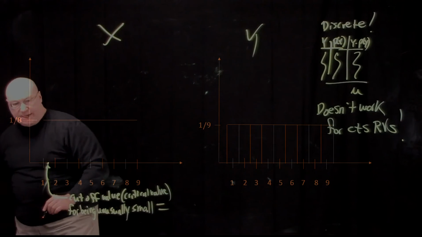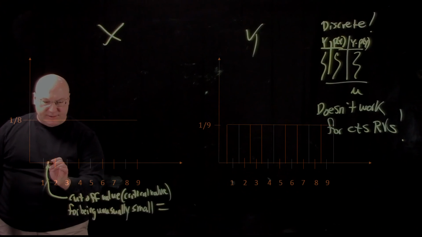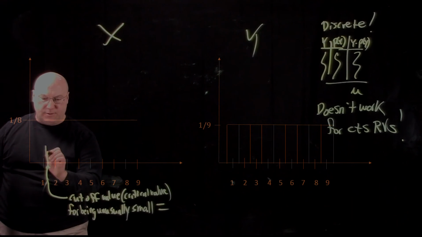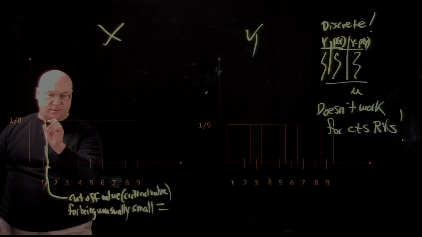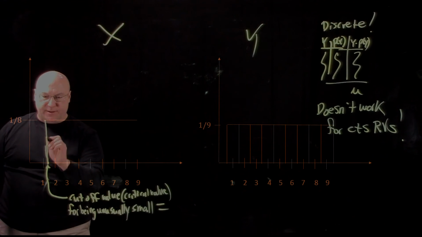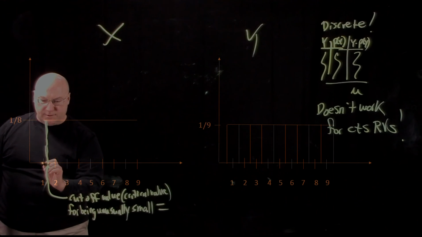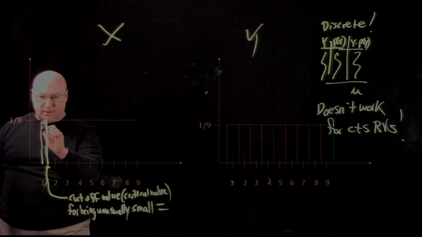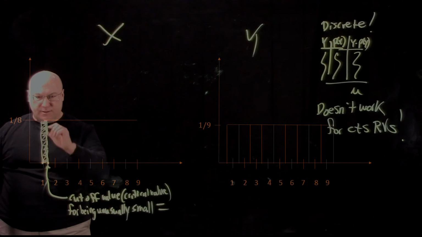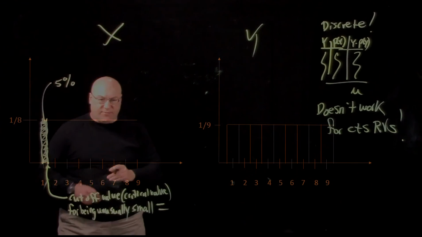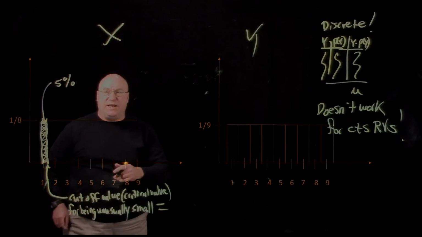All right, and what is that value? Well, what I'm saying is I want this value on the x-axis to be such that the area I get to the left of it is 5%.